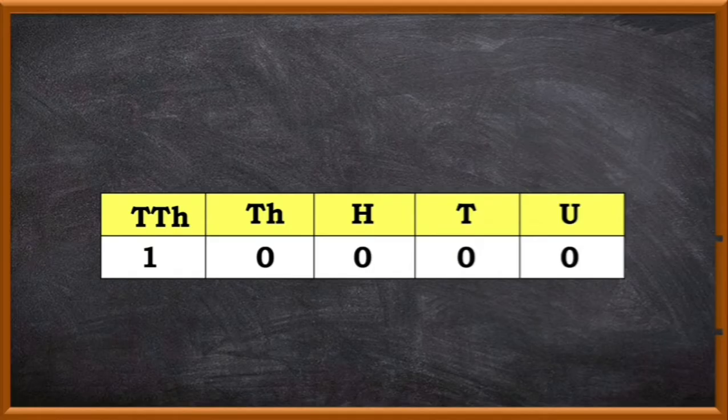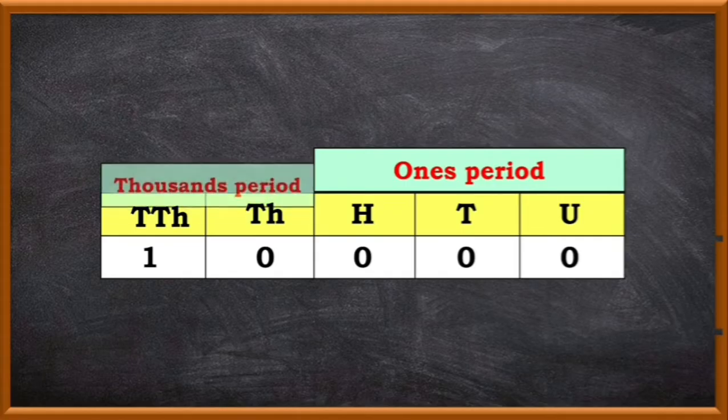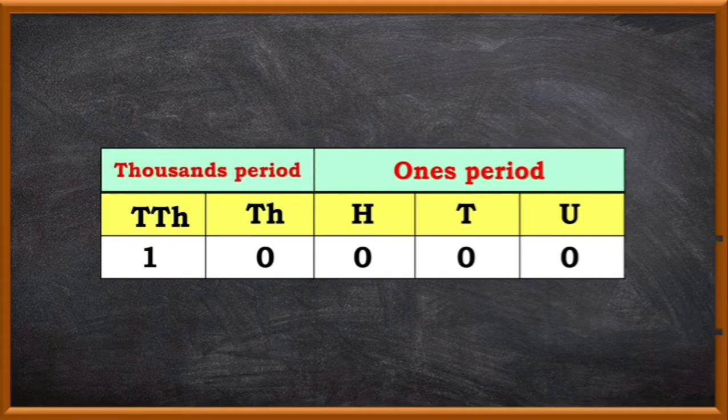5-digit numbers are placed in two periods, that is the ones period and the thousands period. The ones period has three places: units, or we can say ones, tens, hundreds. The thousand period has two places: thousands and 10,000s.